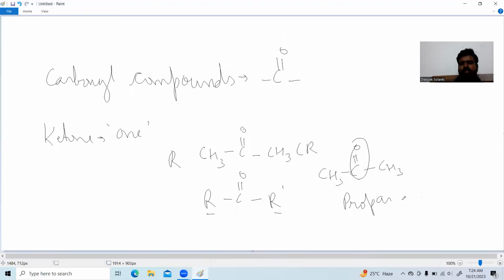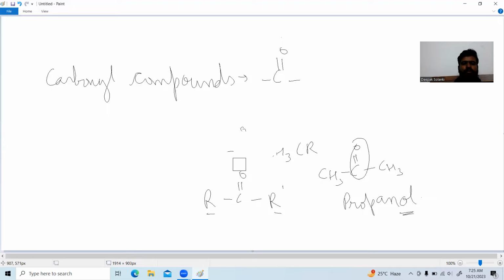A single bond is there. One will be the suffix used for ketone. So the name will be propanone. What will be its name? Propanone.